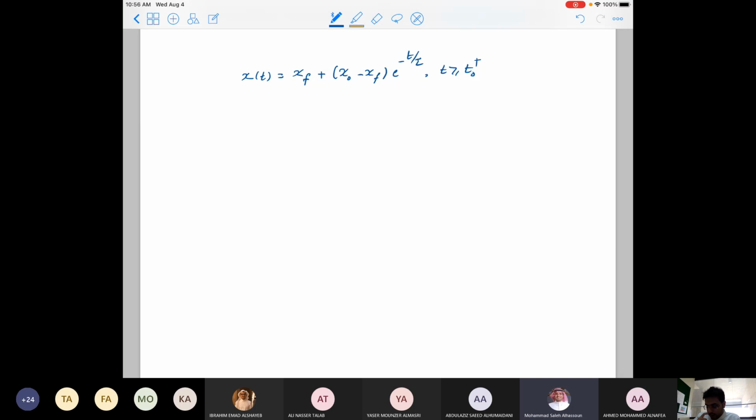If we have a natural response, then the final value will be 0. If we have a step response, then the final value will not be 0.